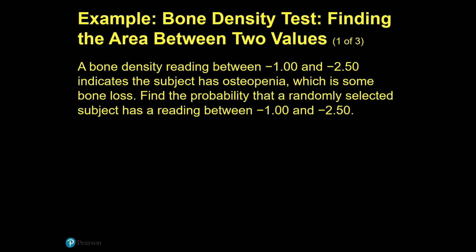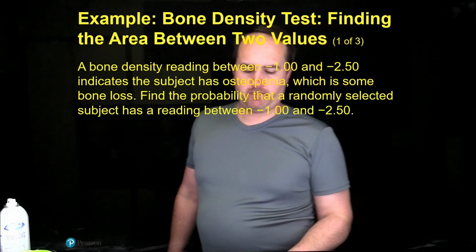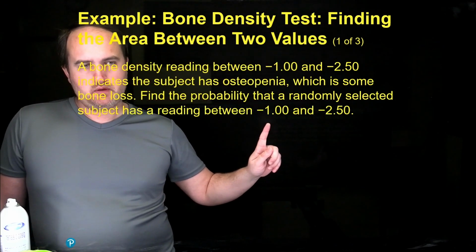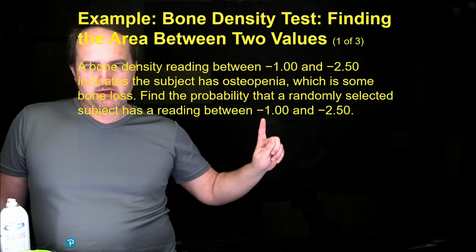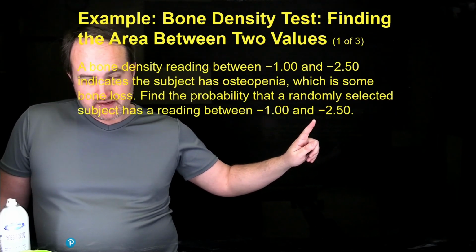So basically what we're doing here is we're trying to figure out the chance that a randomly selected person has osteopenia, which can indicate bone loss. Okay, so, but what's important here is we're looking for the area in the middle between negative 1.00 and negative 2.50.